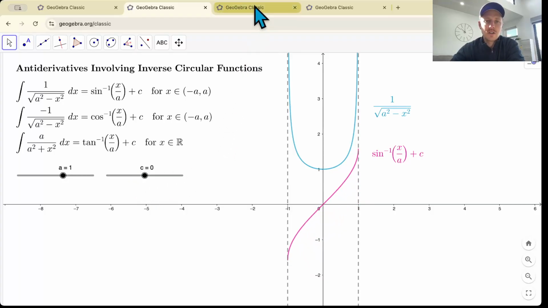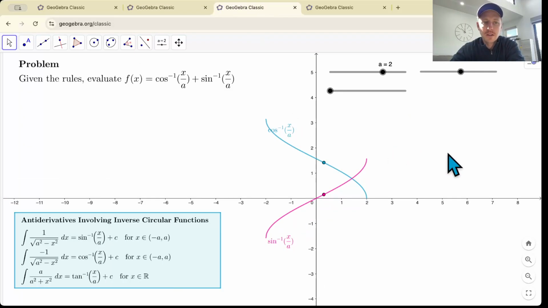Okay, so to give us something to really think about, if we had a problem like this, given the rules we just spoke about, evaluate f of x equals cosine inverse of x on a plus sine inverse of x on a. I should have mentioned that the a value is basically where your asymptotes are.